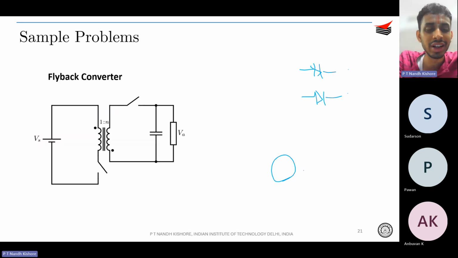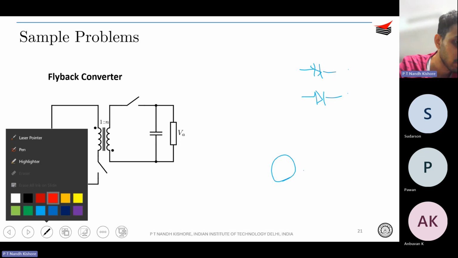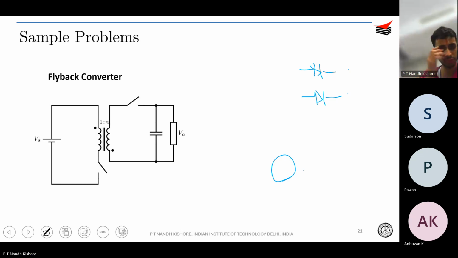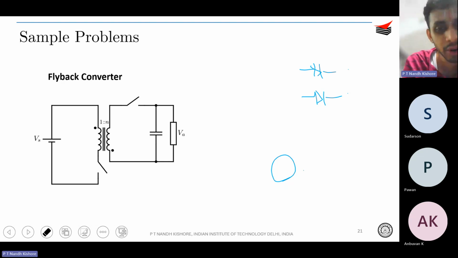The idea is, if you have an ideal transformer, let's say, what happens?